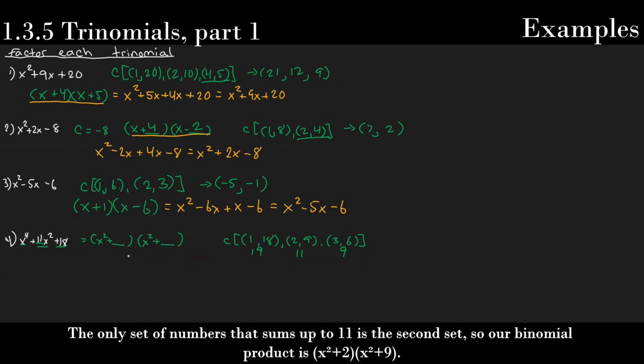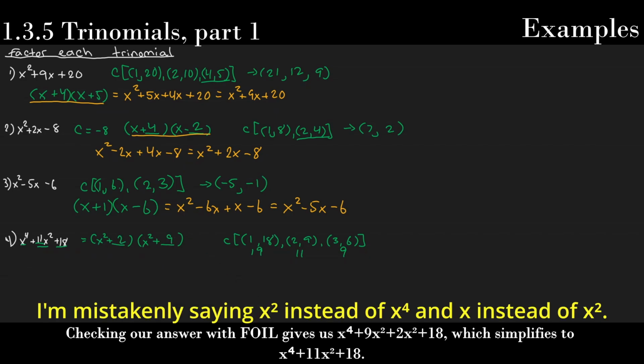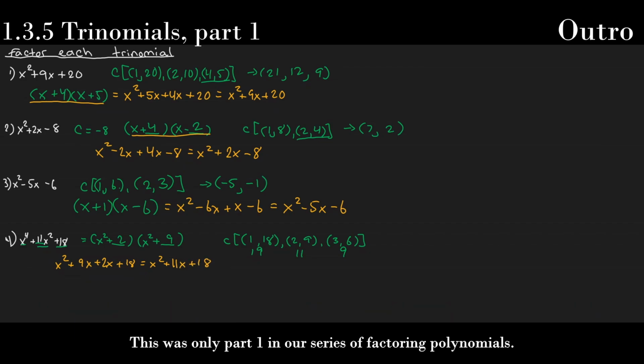So our binomial product is x squared plus 2 times x squared plus 9. Checking our answer with FOIL gives us x to the fourth plus 9x squared plus 2x squared plus 18, which simplifies to x to the fourth plus 11x squared plus 18.